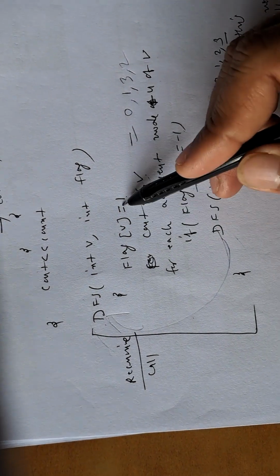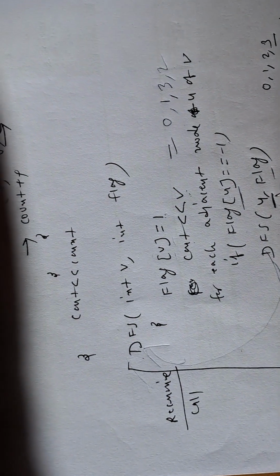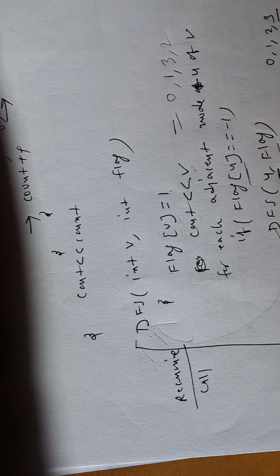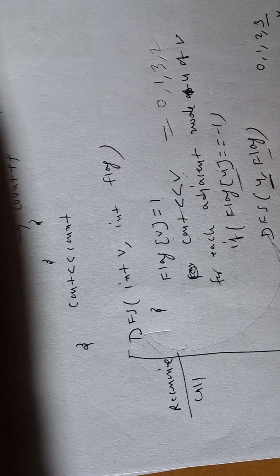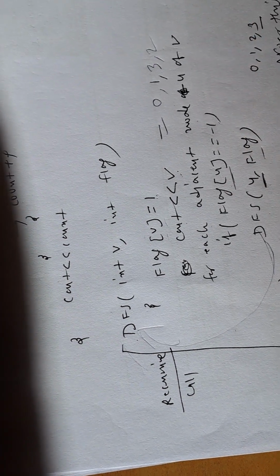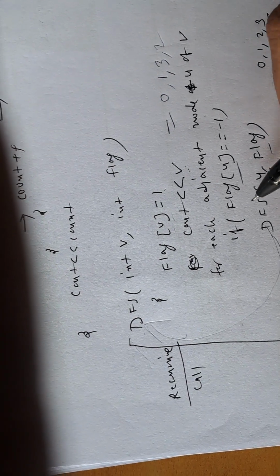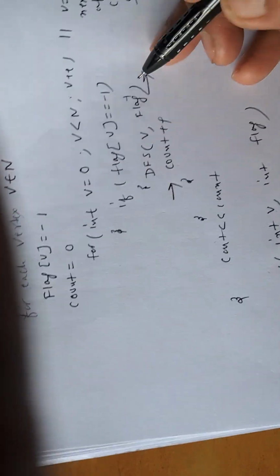After visiting, you are setting the flag and printing. Once 3 is visited, it will find its adjacent vertices; 1 and 2 have already been visited, so it gives control back to this line.